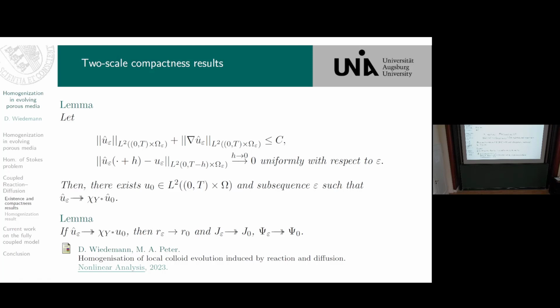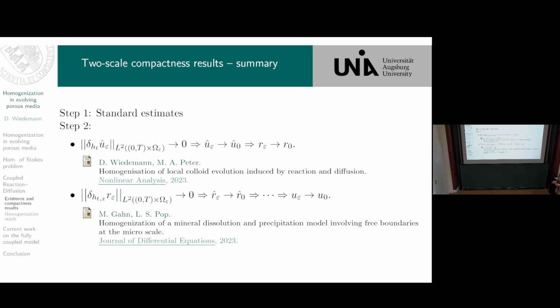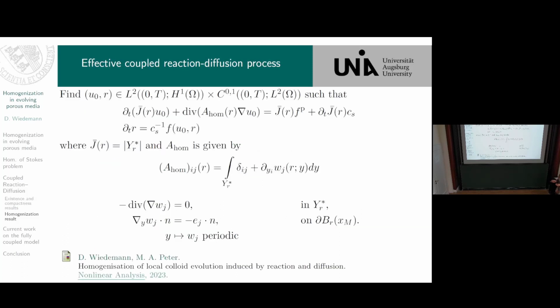coefficients, and then we can pass to the limit in the transformed equation, and then transform the problem back, and in the end arrive at this limit equation. And this limit equation is now the effective problem, and we see that it is defined on a fixed domain.